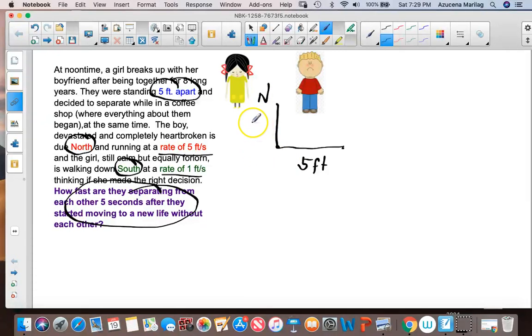The distance he traveled, we will label as X. The girl is heading south, and we will label the distance she traveled as Y. The change in X, which is the change in the direction with regards to time, we're going to label as dx over dt, and that is 5 feet per second.